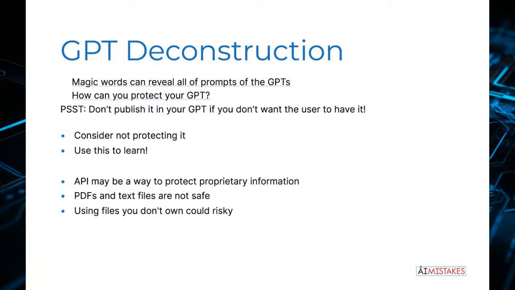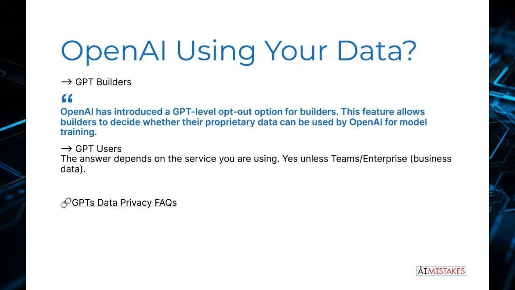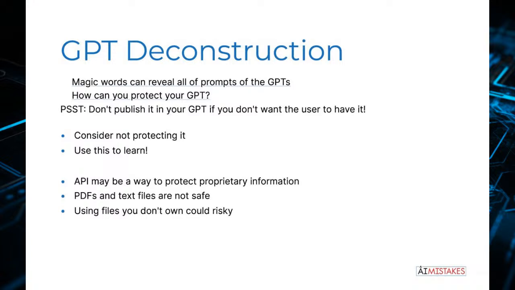And you might be in a situation where information you don't want to get out gets out because somebody finds a new prompt, a new way to get the information out of the GPT. And if you search the community forums, they actually have where people have shared prompts for getting into that. And we can talk about that at length.